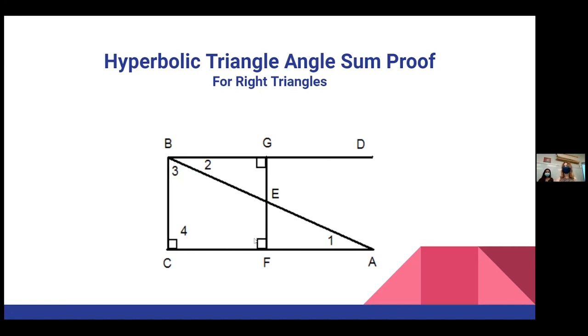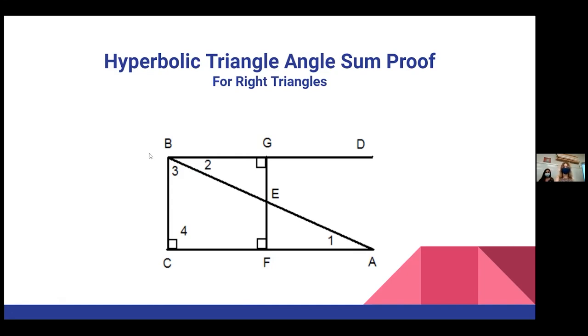Because of this, it's what we call a common perpendicular, because of the 2 right angles. Also, having a common perpendicular makes two lines parallel. So now that we know that the lines BD and CA are parallel, we can say that the interior angles, angle 1 here and angle 2 up here, are equal to each other.